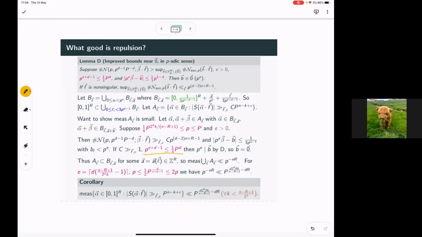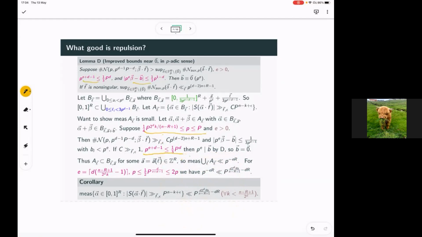The size of E comes from this condition here. So what's going on here is that these two pink conditions are the same as these two pink conditions. We need the second two pink conditions so that the first two pink conditions hold.